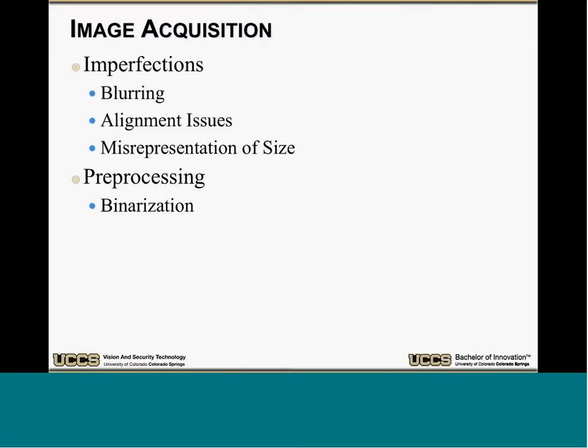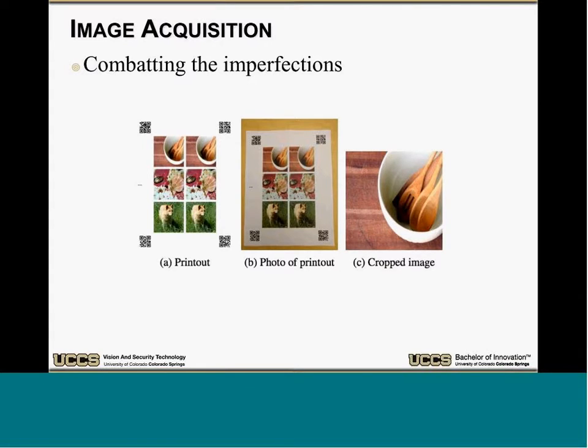A lot of images have to go through pre-processing before they can be part of a data set. The set we're using for our experimentation is the MNIST set of handwritten digits, and this data set goes through binarization before it can be put into the deep neural network. There are going to be ways to combat these imperfections.